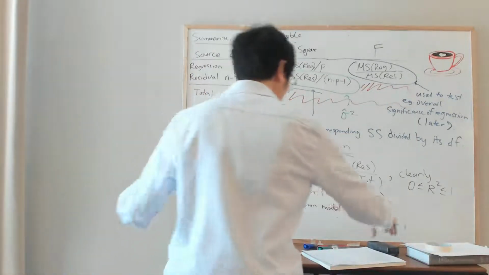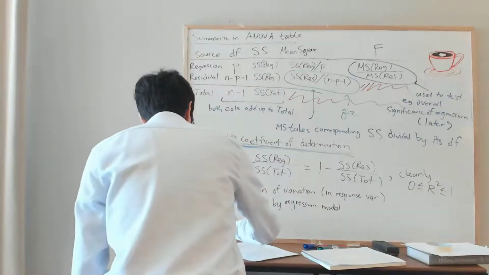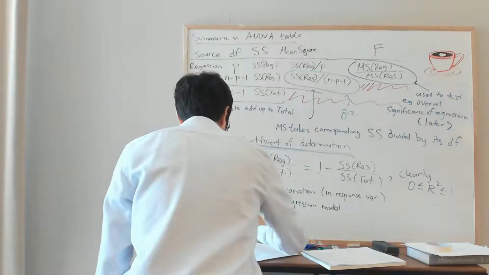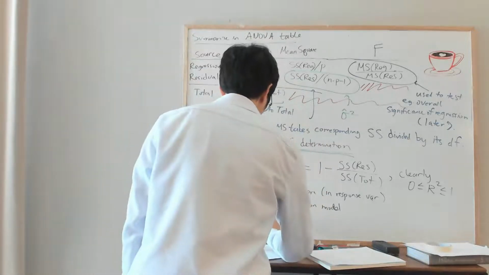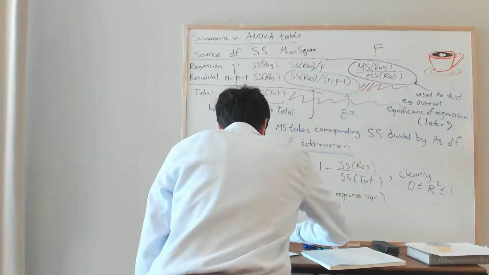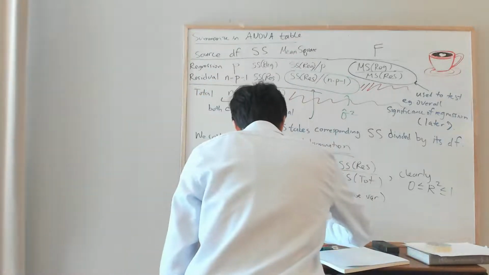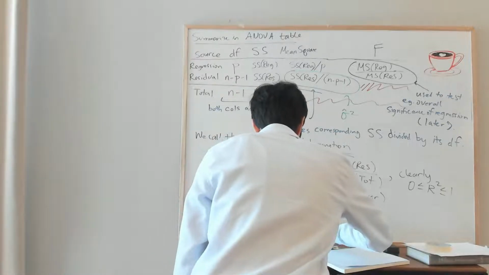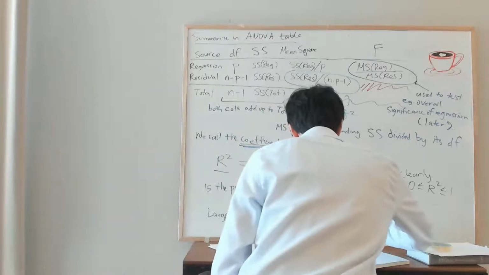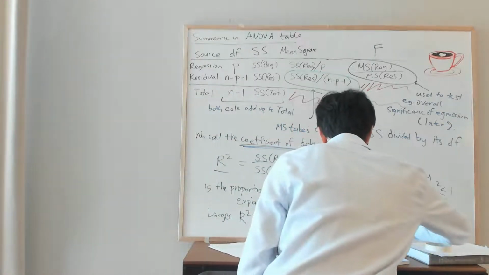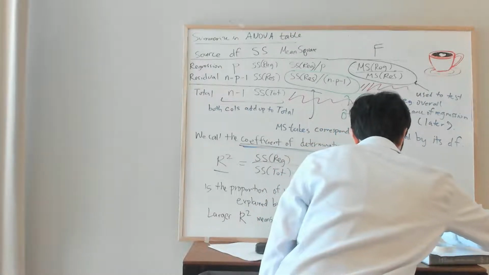So let's just make the connection between these three things. In a sentence, we can say the larger R squared means the fitted values are closer to the observations yi.